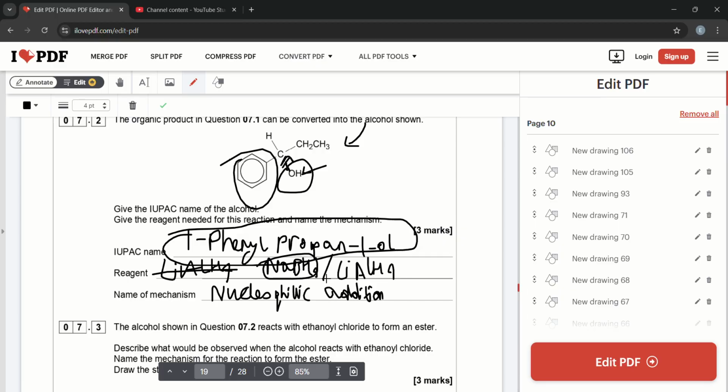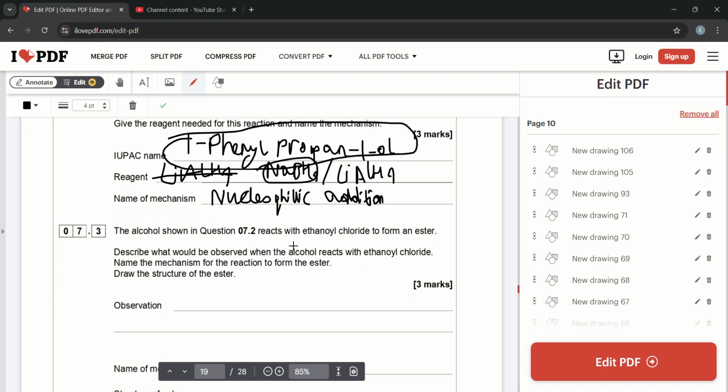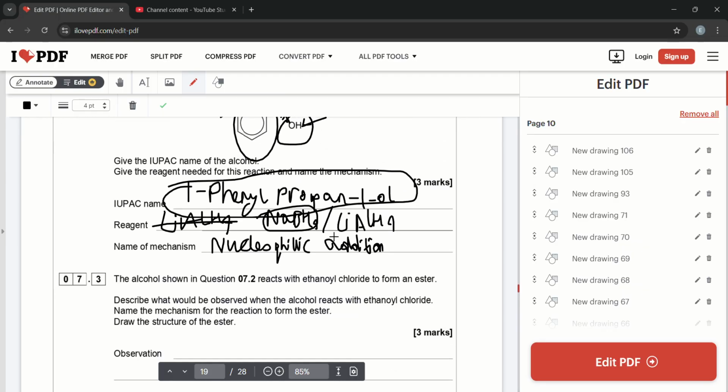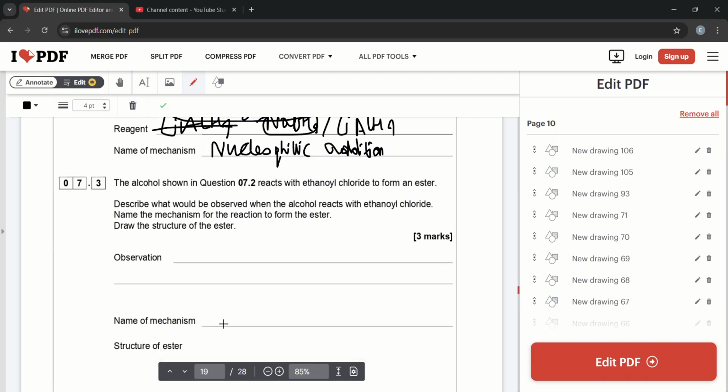NaBH4 or LiAlH4. The alcohol shown in question 7.2 reacts with ethanoyl chloride to form an ester. It's going to be nucleophilic addition-elimination. You just need to be so confident with your mechanisms.